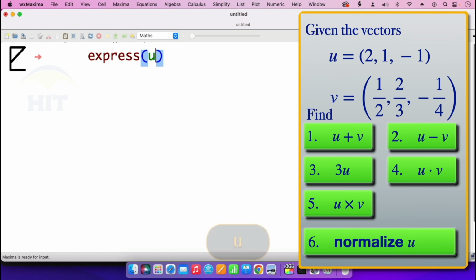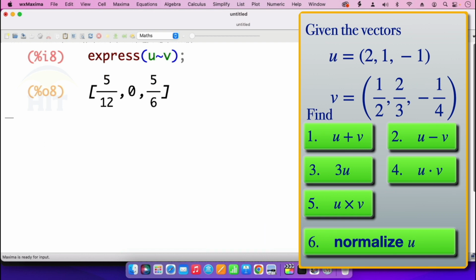U, and then you put in tilde, then v. And then I press Shift Enter, and the result is 5 over 12, 0, 5 over 6. So for the cross product, type in express u tilde v. That's the cross product of u and v.